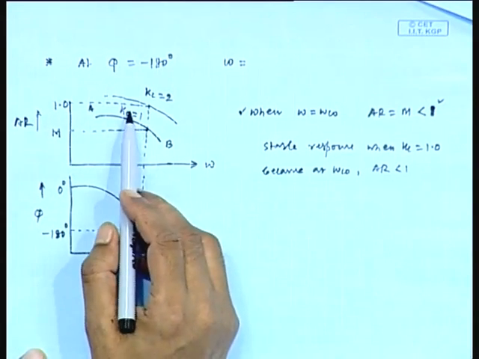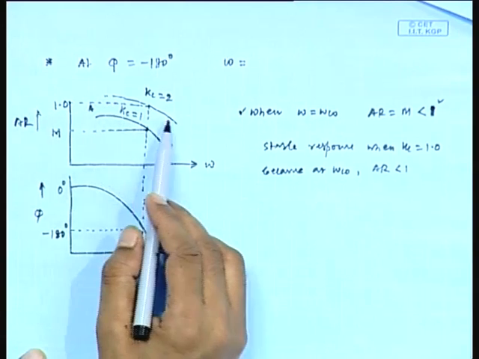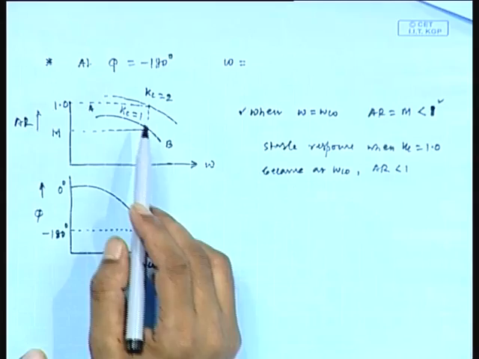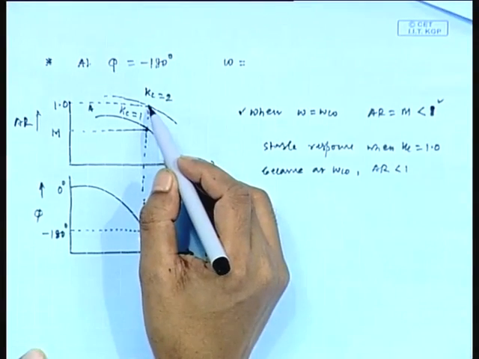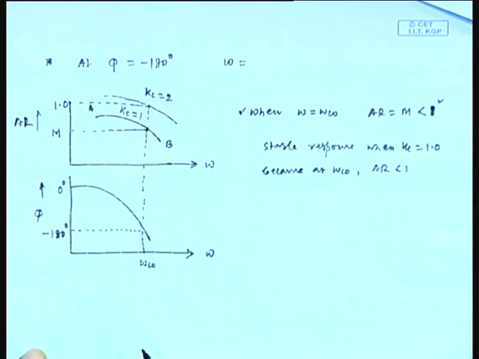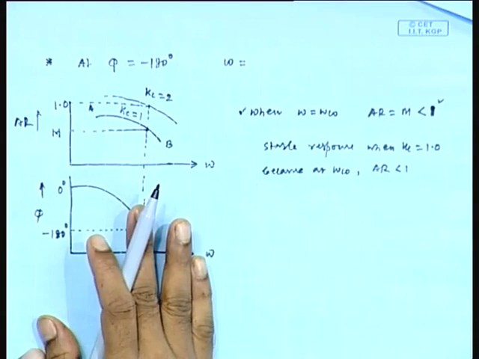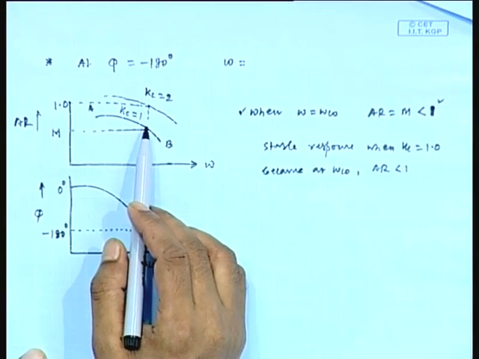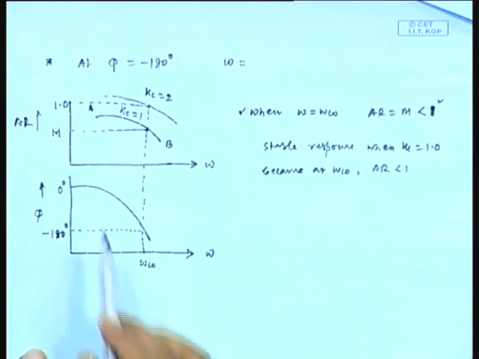Then we can make another amplitude versus omega plot at the critical value of Kc, that is 2, and at crossover frequency the corresponding amplitude ratio is 1. So, it says that when we consider Kc equals 1, amplitude ratio less than 1 at crossover frequency.